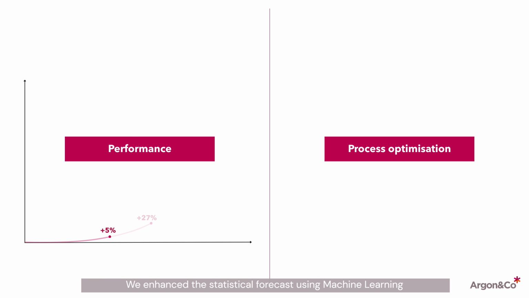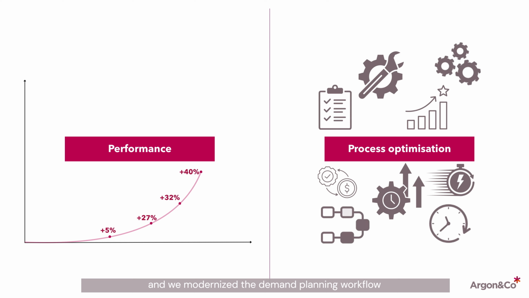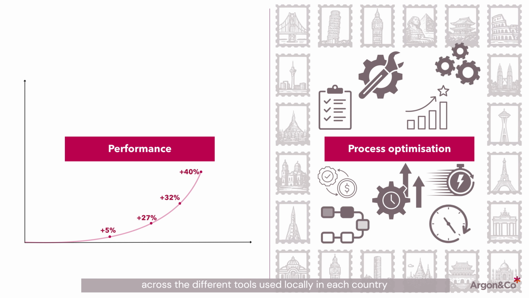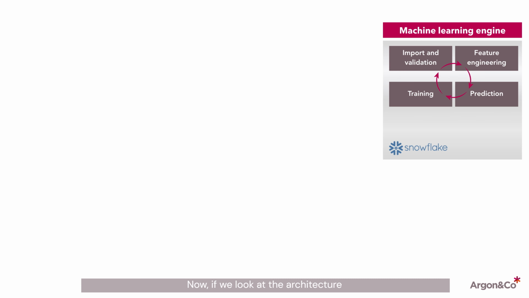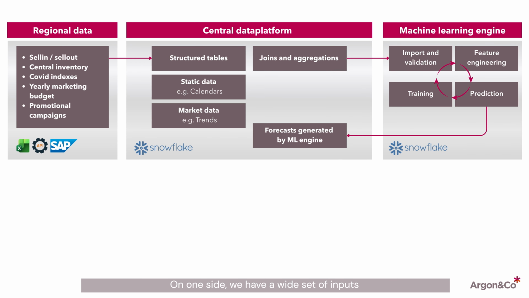We enhanced the statistical forecast using machine learning, and we modernized the demand planning workflow across the different tools used locally in each country. Now, if we look at the architecture, the machine learning model sits right in the middle of the ecosystem. On one side, we have a wide set of inputs: internal data, external data, multiple databases, all integrated into a central platform.